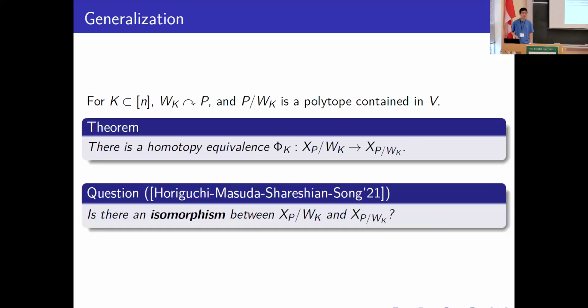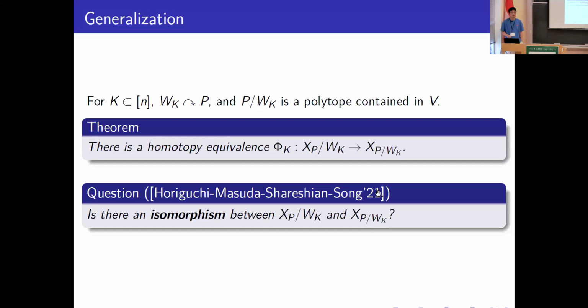As for generalizations, for a subset K of M, this parabolic subgroup WK has an action on the Weyl polytope, and the quotient of P under the WK action is again a polytope contained in V. We have this result: there is a homotopy equivalence between the quotient of XP under the WK action and the toric variety of this quotient polytope.